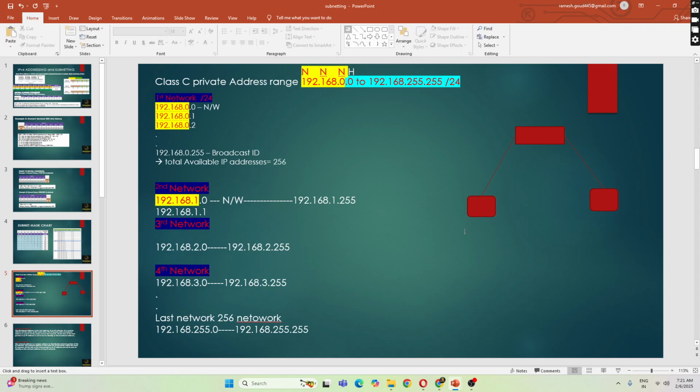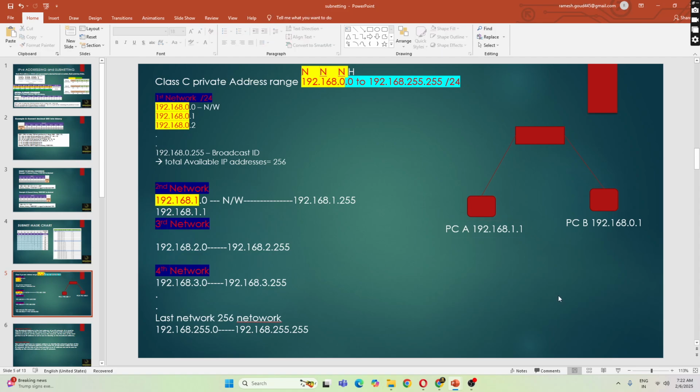This is computer A, PCA, and its IP address is 192.168.1.1. And this is PCB, and its IP address is 192.168.0.1. Now, can you tell me whether PCA's IP address and PCB's IP address are in the same network or a different network?